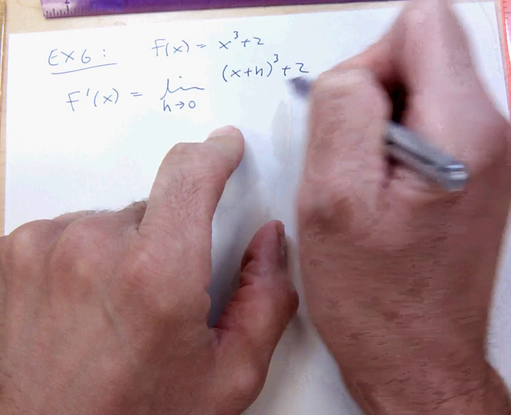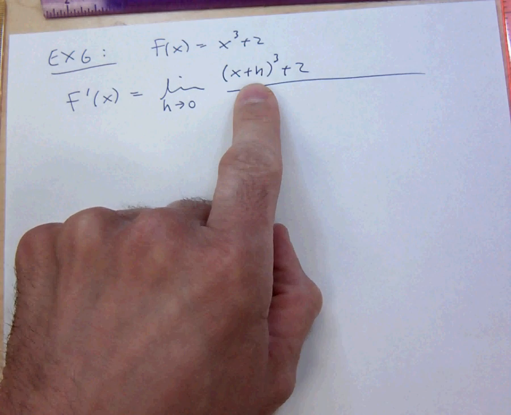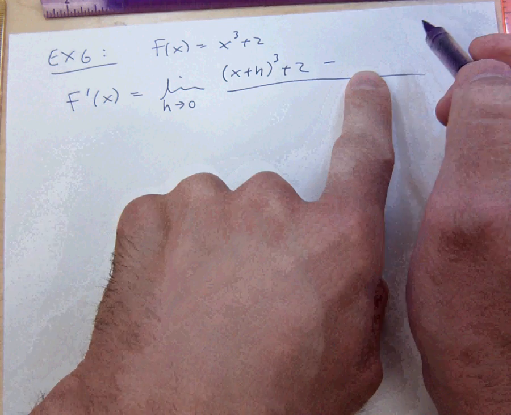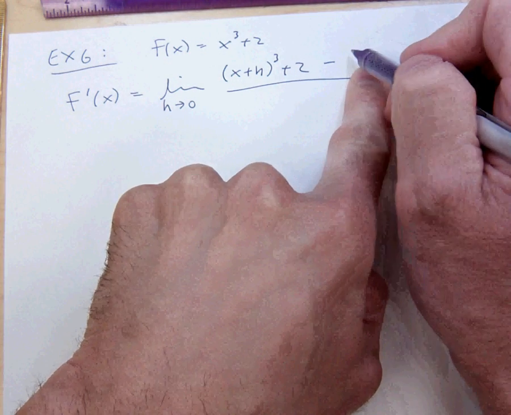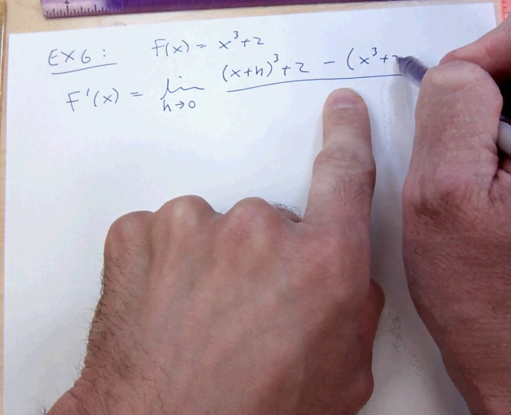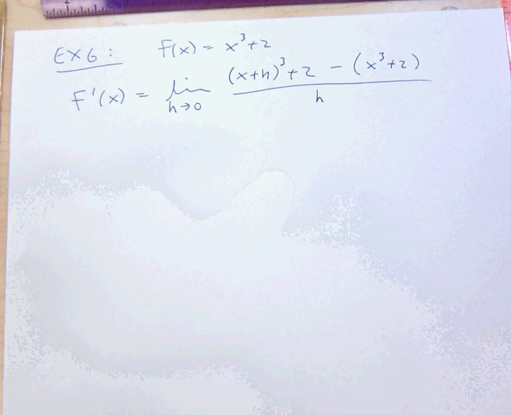So isn't that f of x plus h right there, yes? And then minus, what's supposed to go here? It's supposed to go here. F of x, which I'll put in parentheses because I'm subtracting the whole function, and then all over h. Okay? Good?